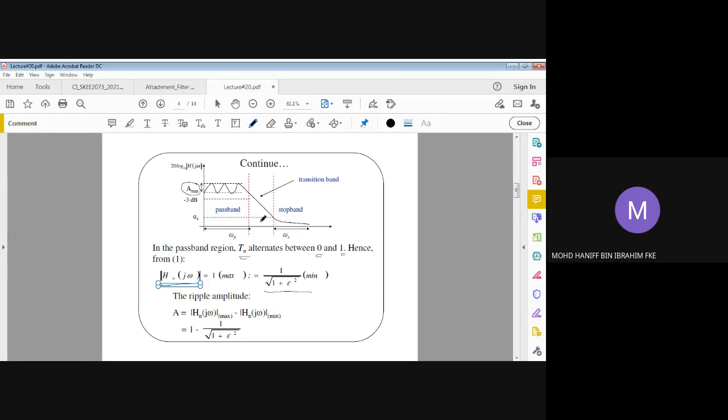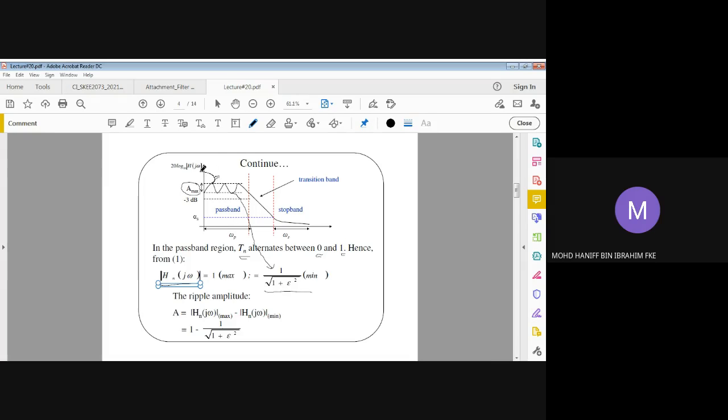These two values will be used to calculate A max, because the maximum value of the ripple is the maximum amplitude of H(j omega), whereas the minimum ripple is the amplitude of this.